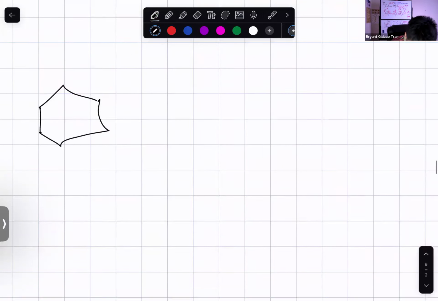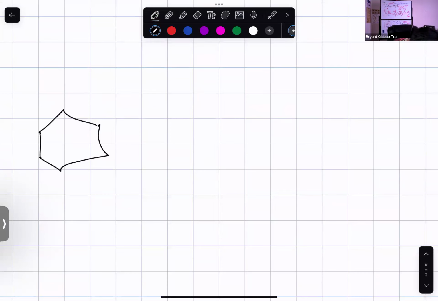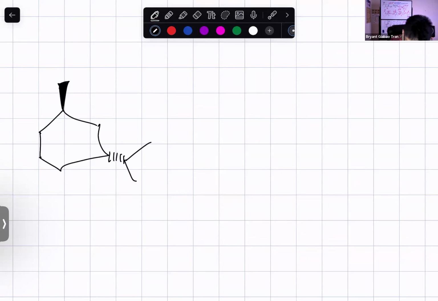So I'm going to put groups on here just to show the other concepts. Let's say this is a wedge methyl, and let's say this is a dash isopropyl. Right, and then the way I'm going to number this is 1, 2, 3, 4, 5, 6, and it does not matter how you number this.